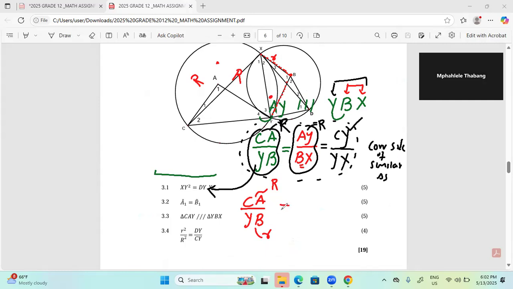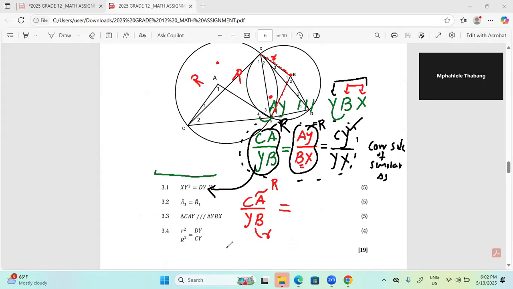So CA over YB equals R over r, and now I see what's happening. Now I need DY over CY. Let me involve CY, so maybe CY over YX.